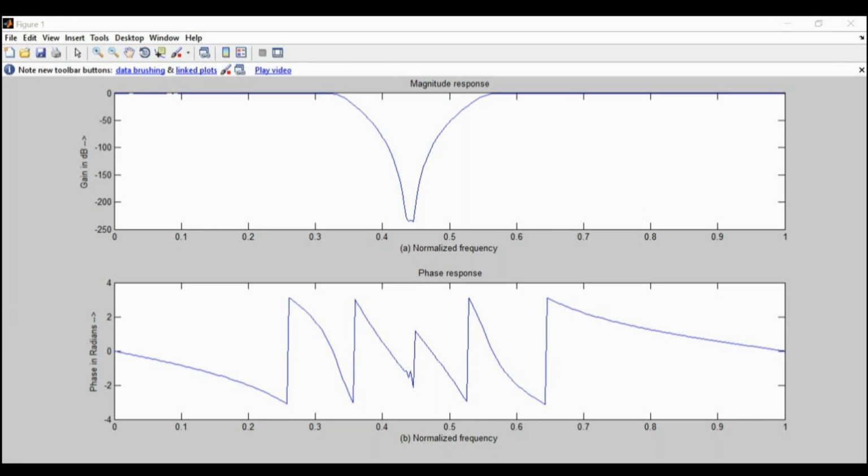The x-axis is normalized frequency, the y-axis is gain in dB. The first plot is the magnitude response, the second plot is the phase response. It is going to stop a certain set of bands and allow the remaining bands of frequencies. So this is about the procedure for designing the Butterworth low pass, high pass, band pass, and band stop filters. Thank you.